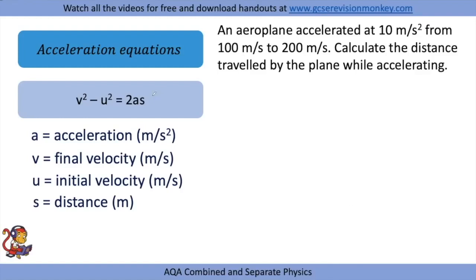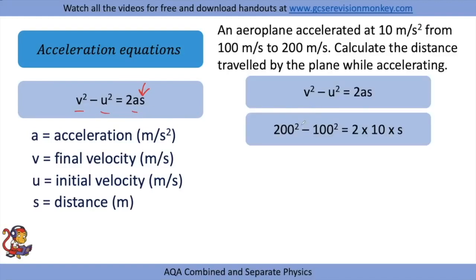So this time we're rearranging this equation to calculate s. You might have to rearrange the calculation to calculate any one of u, v, or a. So let's have a look at it then. 200 squared is our final velocity here. u is our initial velocity of 100 meters per second.